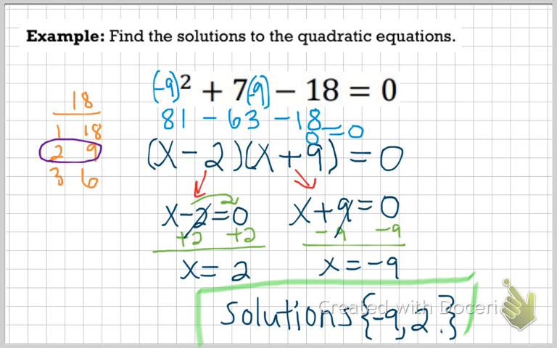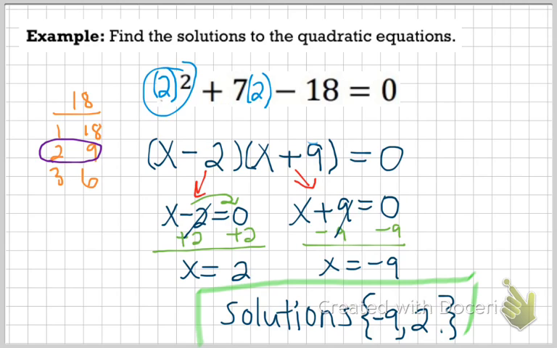Let's check with 2. Since we got a solution of 2, that means we're going to substitute a 2 everywhere we have an x. So a 2 goes there. And I should probably make that a larger 2. And a 2 will go here. And notice I'm always using parentheses for substitution. So 2 squared means 2 times 2, 2 copies of 2. Gives us a 4.